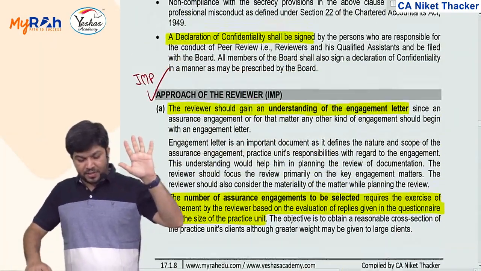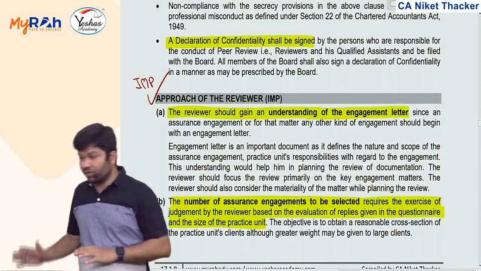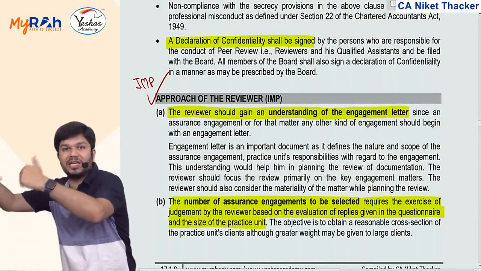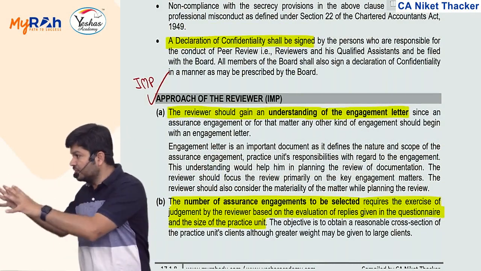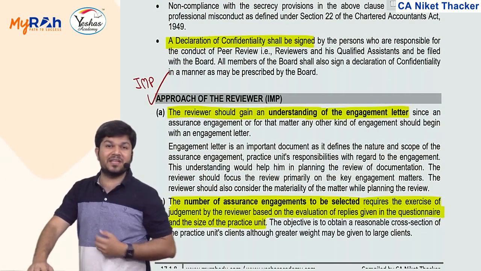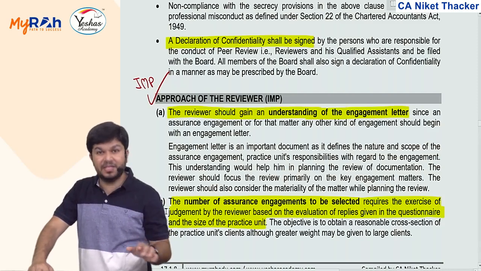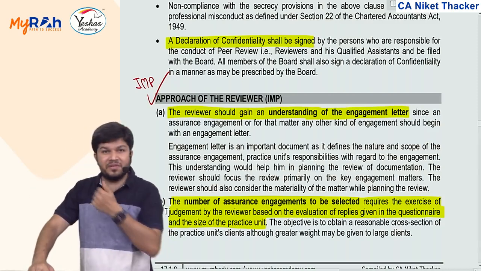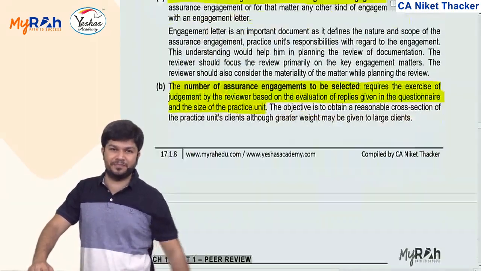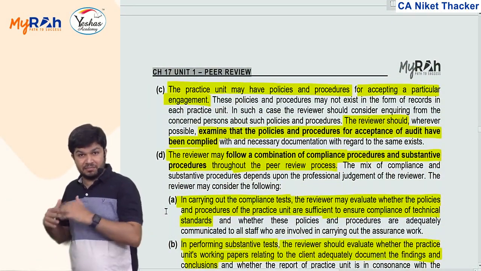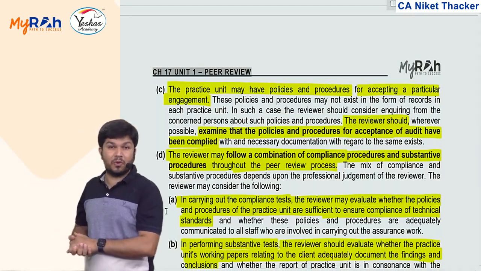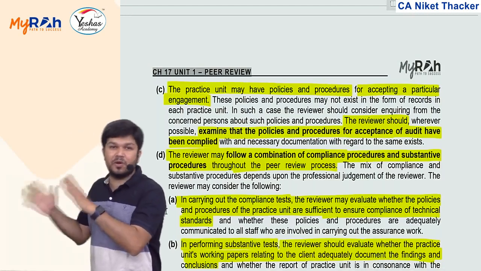Five things. One, I need to understand the letter of engagement sent by PU to their clients. Second, I'll select a few of the files of PU which I'll review. How many files I'll review depends on professional judgment. It will be based on the questionnaire which they have filled and the size of PU. Third, if PU has some policy for acceptance of new clients, I'll check their policies, procedures, and whether they are followed or not.